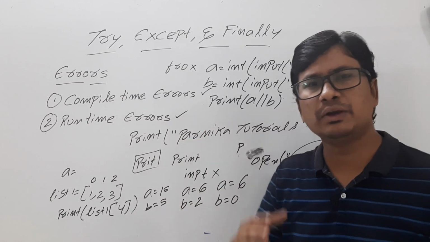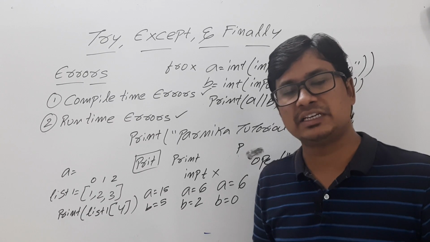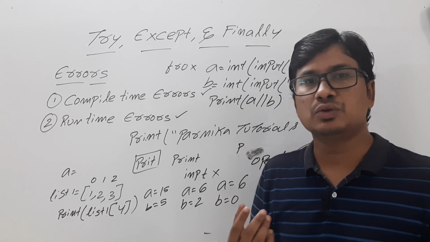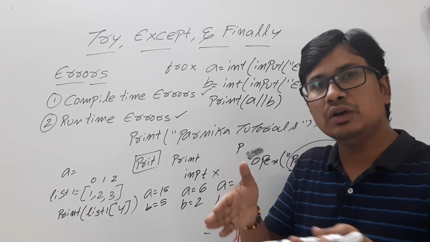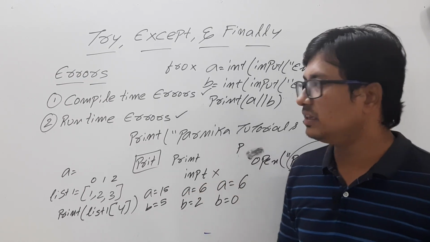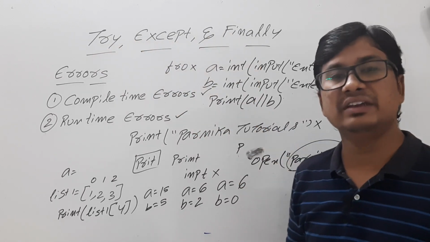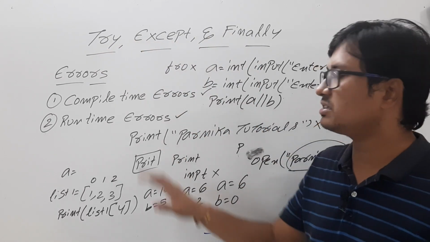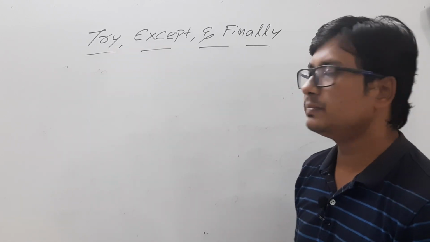But when a beginner looks at that code, he will not understand what is actually happening. So instead of giving a default error to the user, I want to give a customized error. Then we can do it with the help of try, except, and finally. All these things I will discuss in detail. First, let me discuss the try and except block.